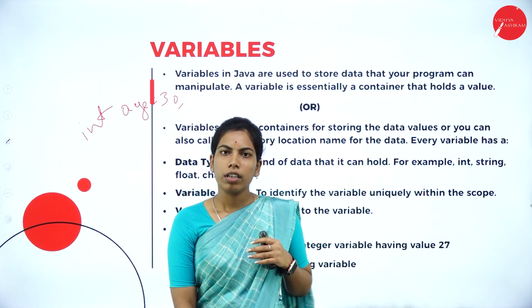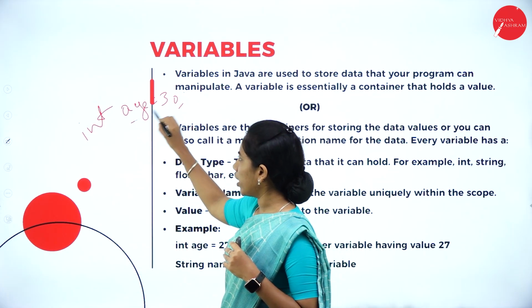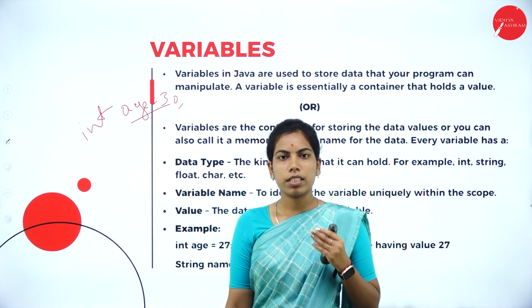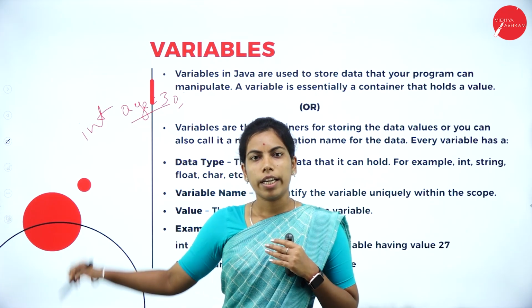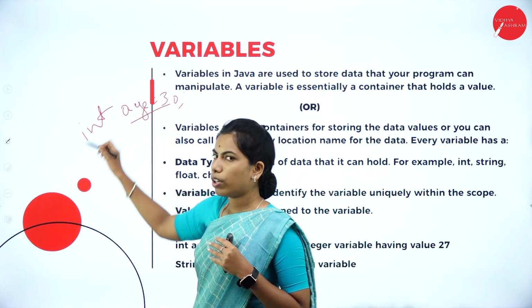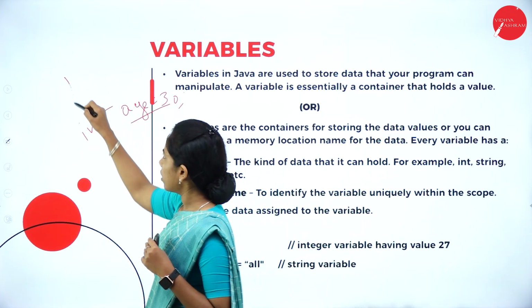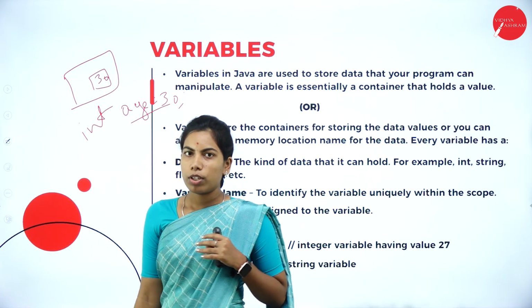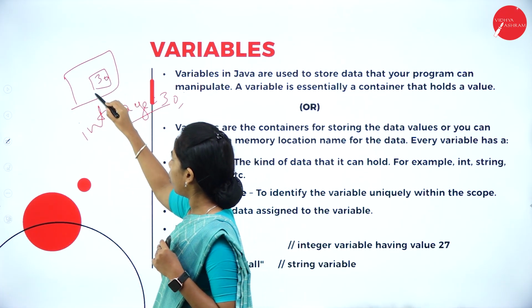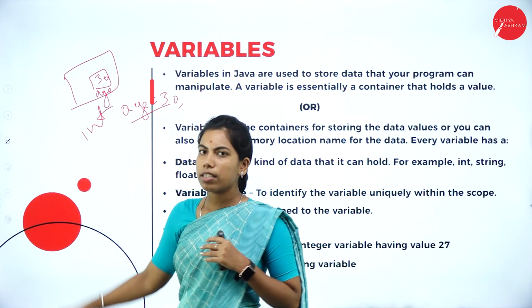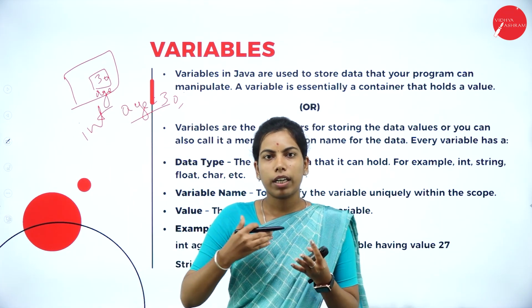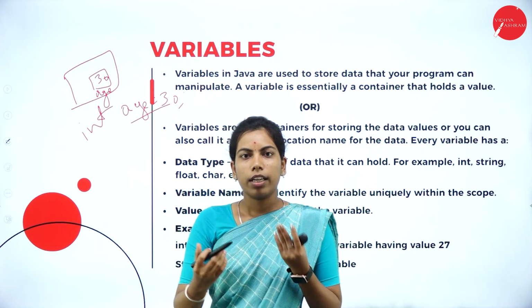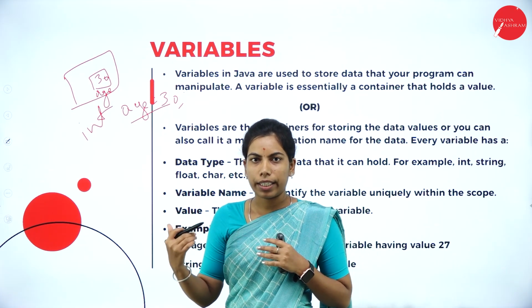Age is the variable, and 30 is an integer value, that is what int type. It will be stored in a memory space. Consider this is in a CPU, 30 is stored in a memory space to which I assign a name or identifier, age. Whenever I access the variable, it will give the value stored in the container.